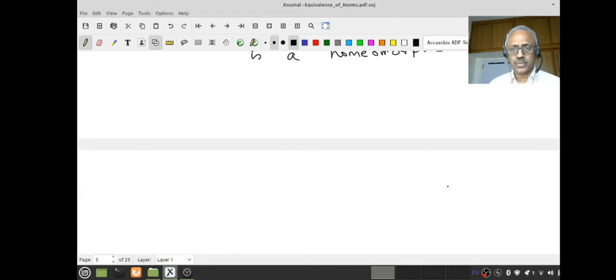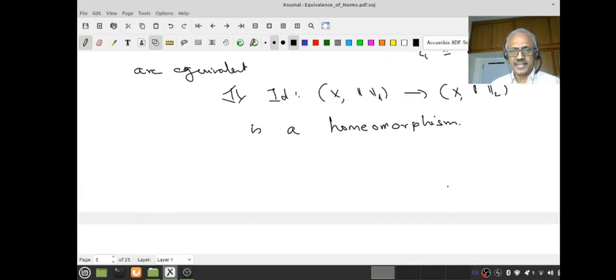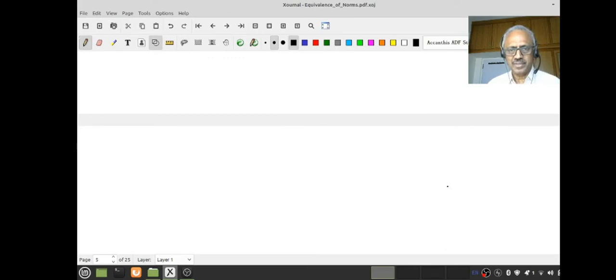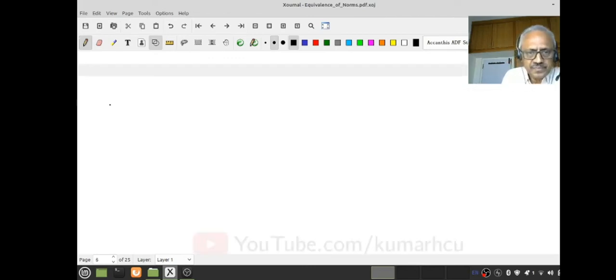So this has nothing to do with the identity map. Remember, since X is a vector space, the identity is a linear map from the underlying vector space X to the underlying vector space on the codomain. They are the same, there is no difference. You follow that? So we have to understand the continuity of linear maps between two normed linear spaces. So we will take a digression.